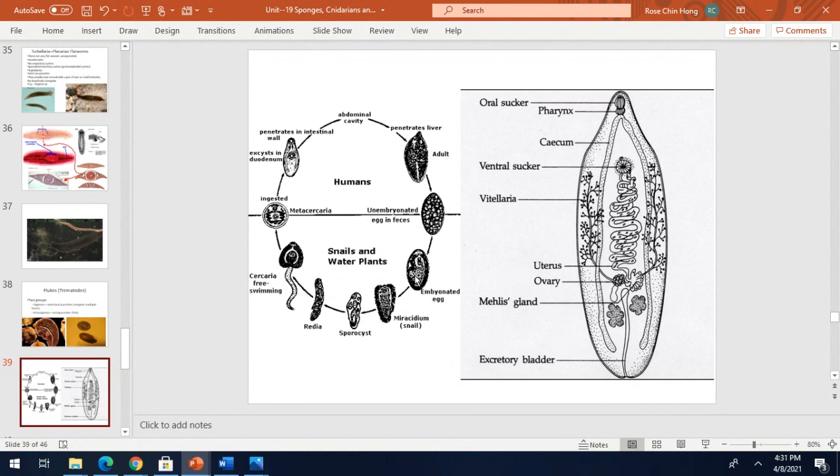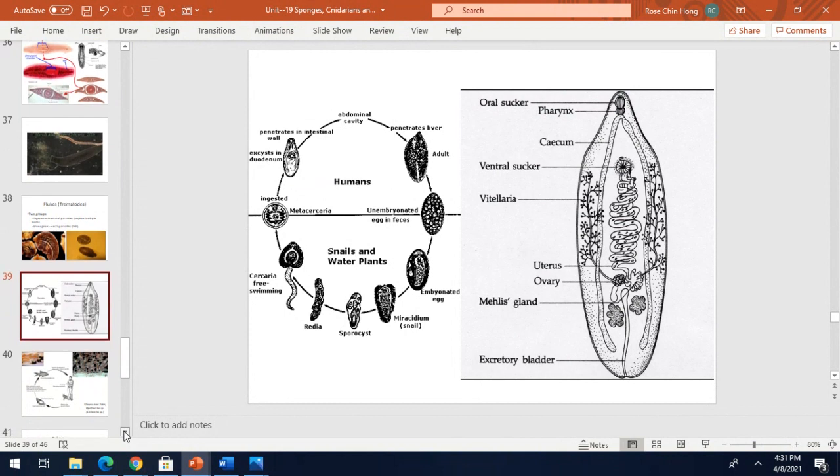It will pick up these eggs and they will develop in the snail into miracidium, and it will further develop into sporocysts, redia, and cercaria, where the snail will eject this into the water, and when a fish feeds on this, it infects it. And when you eat the meat of the fish that's not well prepared to kill the cercaria, it will infect the human again.